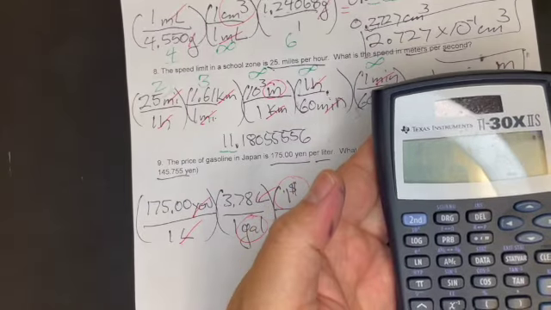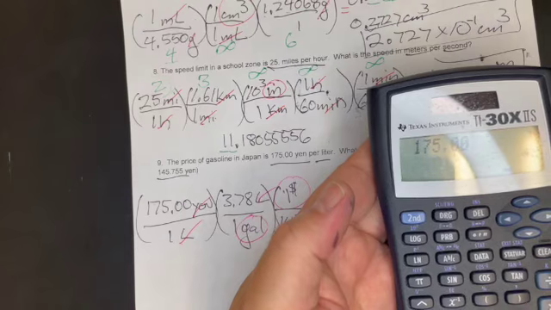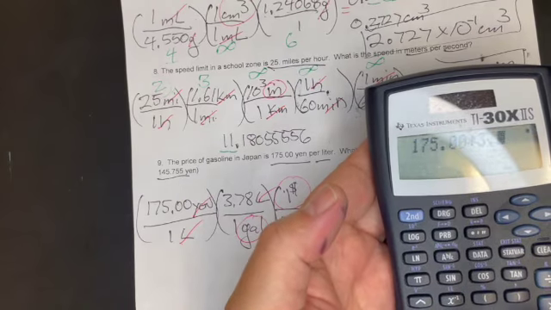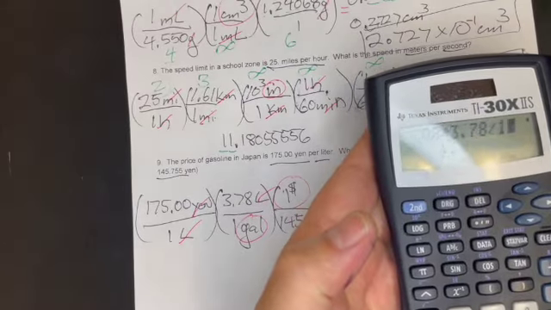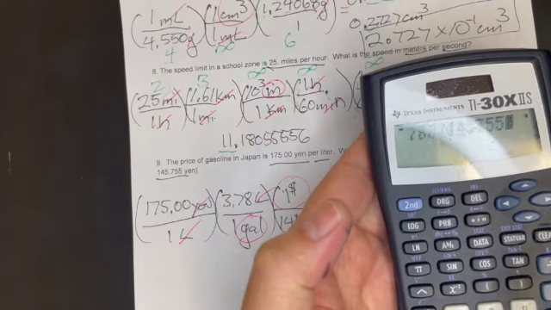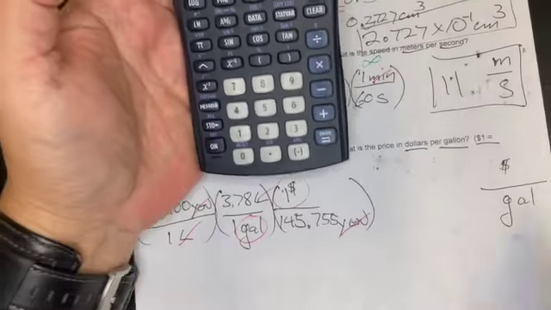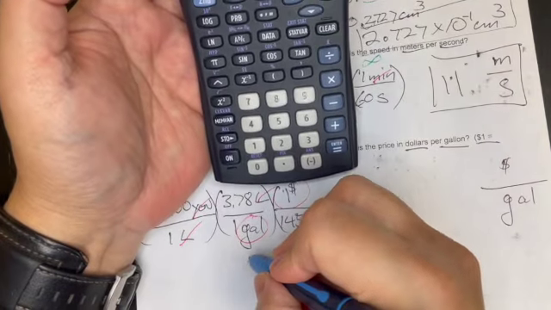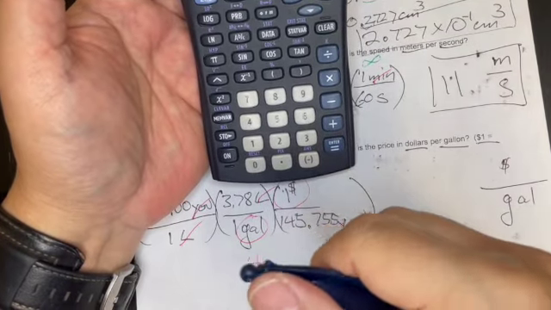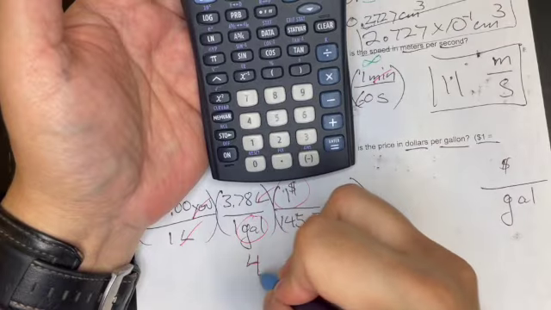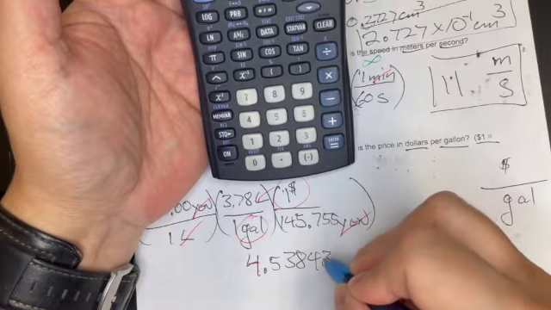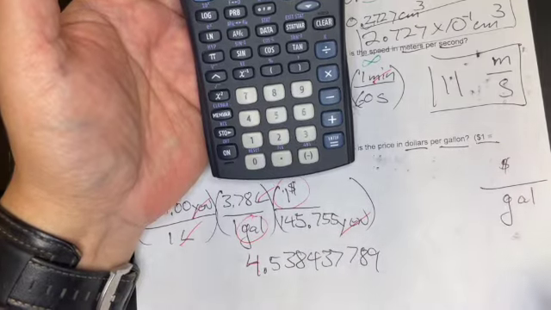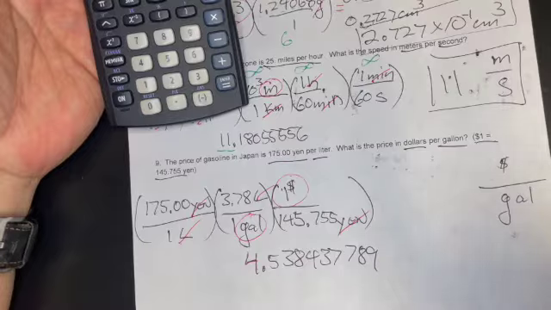Get your calculator. 175.00 times 3.78 divided by 145.755 gives us a raw answer of 4.537789. All right, let's look at sig figs.